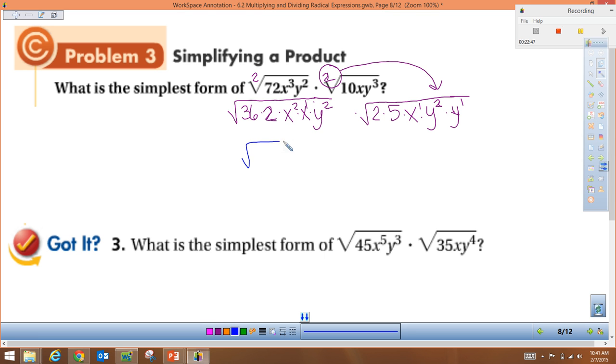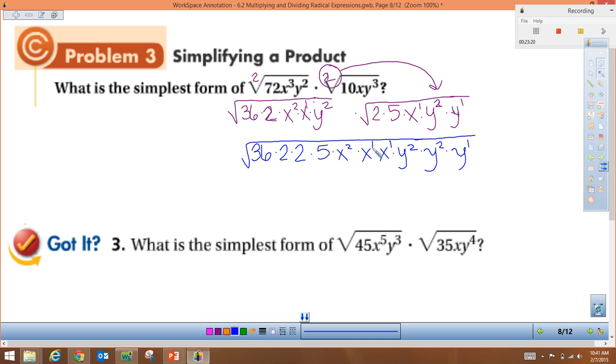So this becomes a square root of 36 times 2 times 2 times 5 times x squared times x times x times y squared times y squared times y. Whew, that's a long problem, but we are going to get through it.